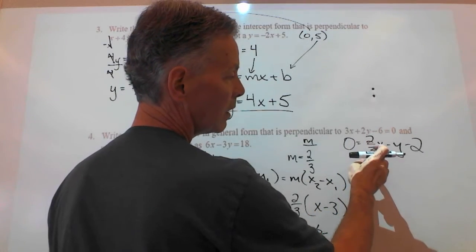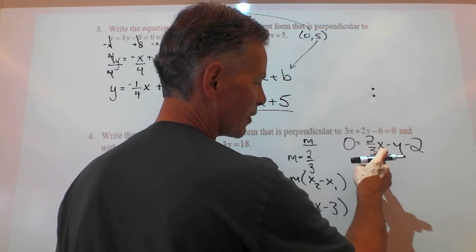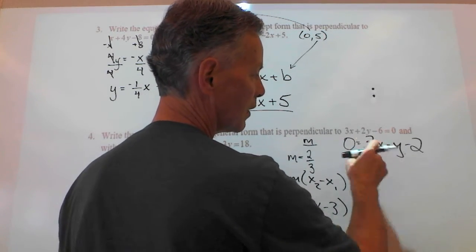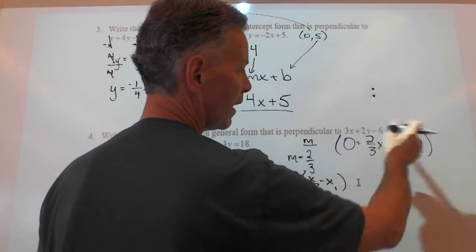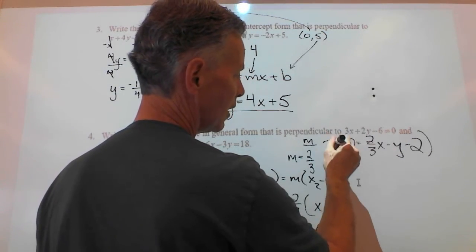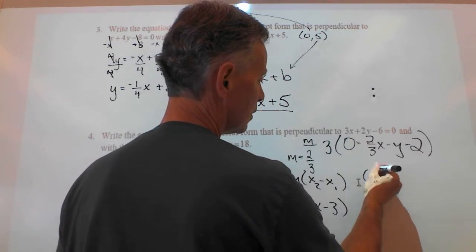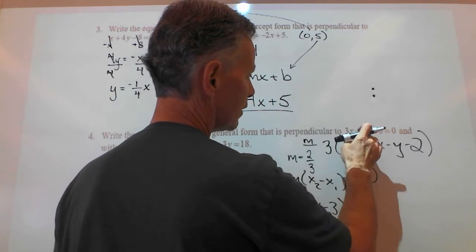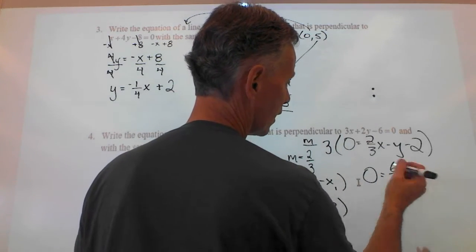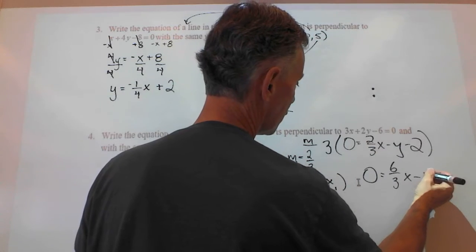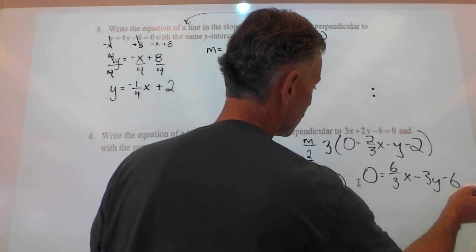So, as I was saying, the coefficient of x is positive, good, but it's a fraction. Not good. We have to get rid of this denominator. You know how to do that. We multiply everything through by the denominator, in this case 3. That'll give us 3 times 0, 0. 3 times 2, 6 over 3x. 3 times minus 1, minus 3y. 3 times minus 2, minus 6.